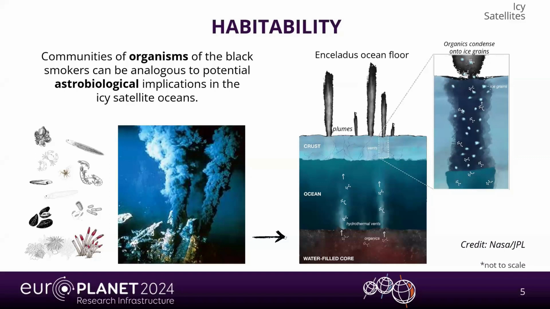and they surprisingly host life around their area, and many communities of organisms that live in such extraordinary and extreme environments live there, thanks mostly to the chemicals dissolved in the fluids of the vents. So it is possible that something similar can happen on icy satellites as well.